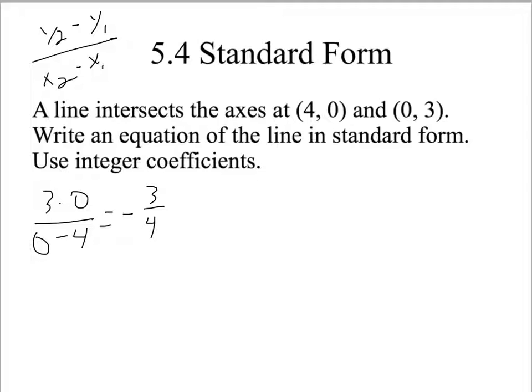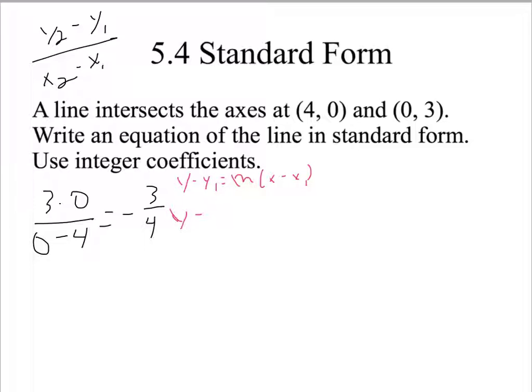Okay, so when I look at this, I am going to take my point slope form of y minus y1 is equal to m times x minus x1. Okay, and I plug in what I know. I plug in y minus, and I can pick either one of those points. It doesn't matter.